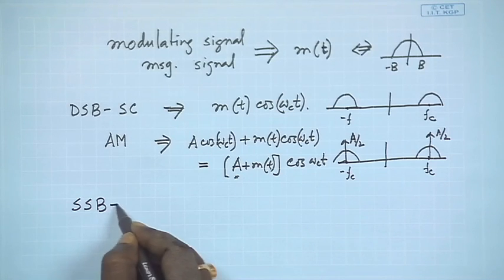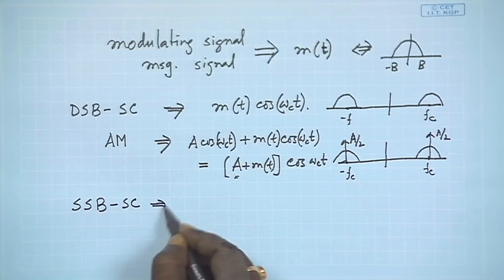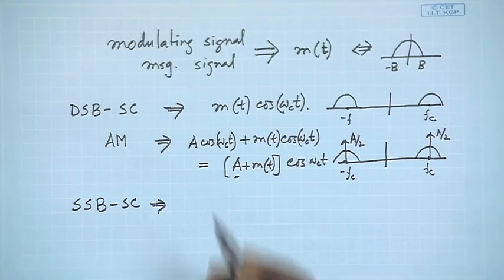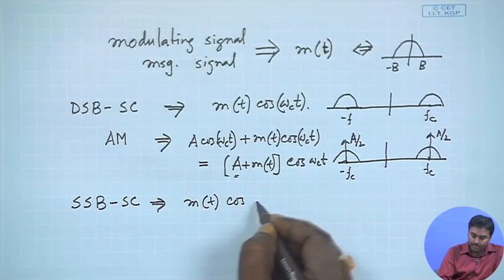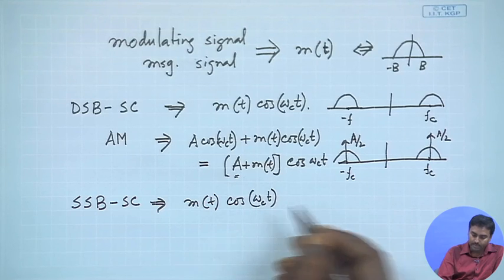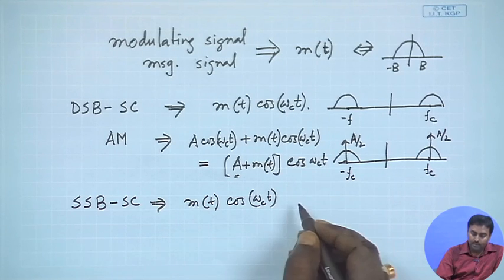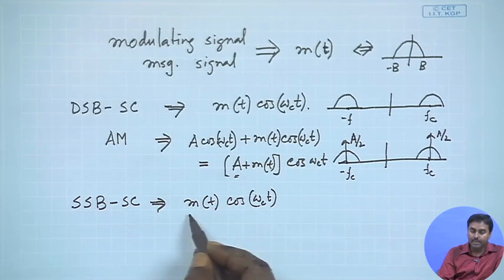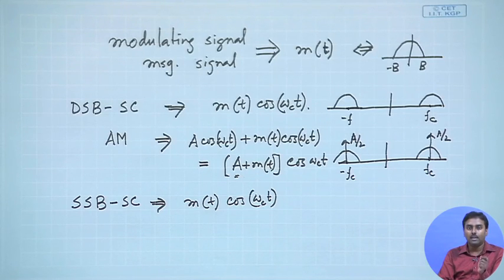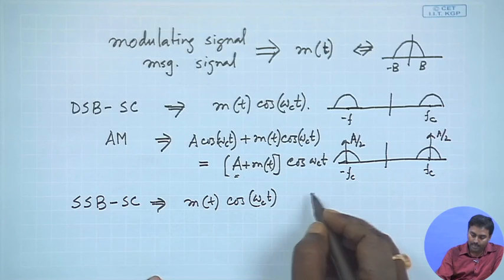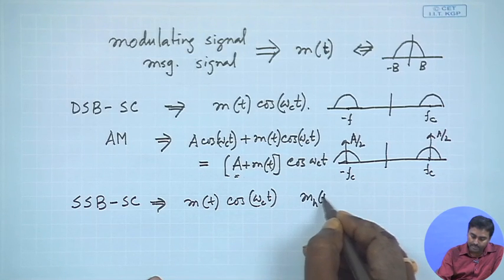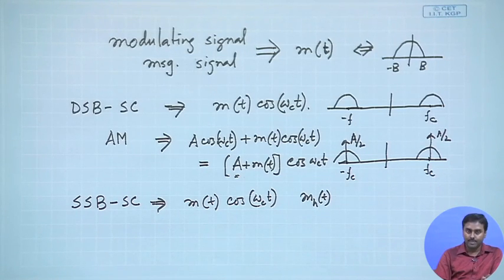Okay. So, for SSB-SC, of course, the m(t) will be there and that needs to be multiplied by cos omega_c t, but then that same message signal should be passed through a Hilbert transform, and correspondingly we get m_h(t) after getting a Hilbert transform of the message signal, where Hilbert transform we have already characterized.